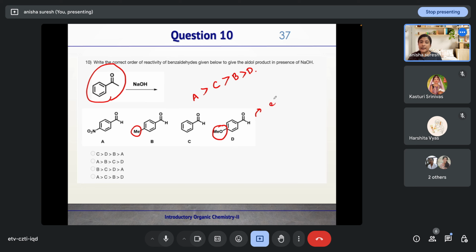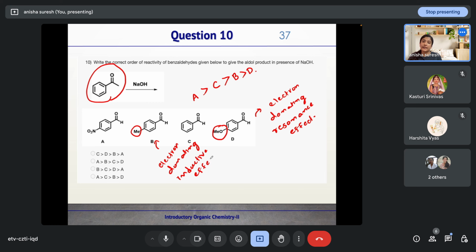Here the electron donating resonance effect is more predominant, and here the electron donating inductive effect.